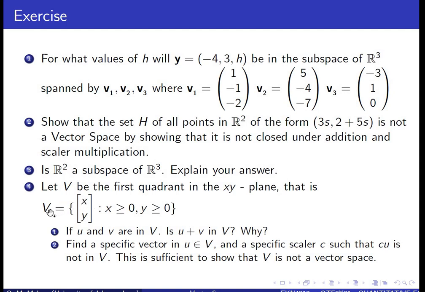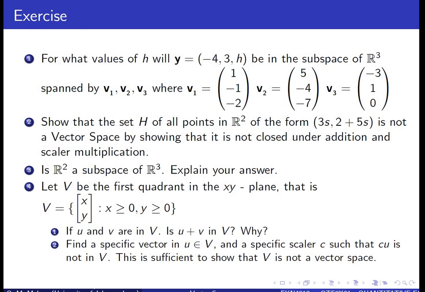If I take two elements of V and I add them together, every component of the sum will be greater than or equal to 0. And then find a specific vector u, an element of V, and a specific scalar c such that cu is not in V. This is sufficient to show that V is not a vector space.